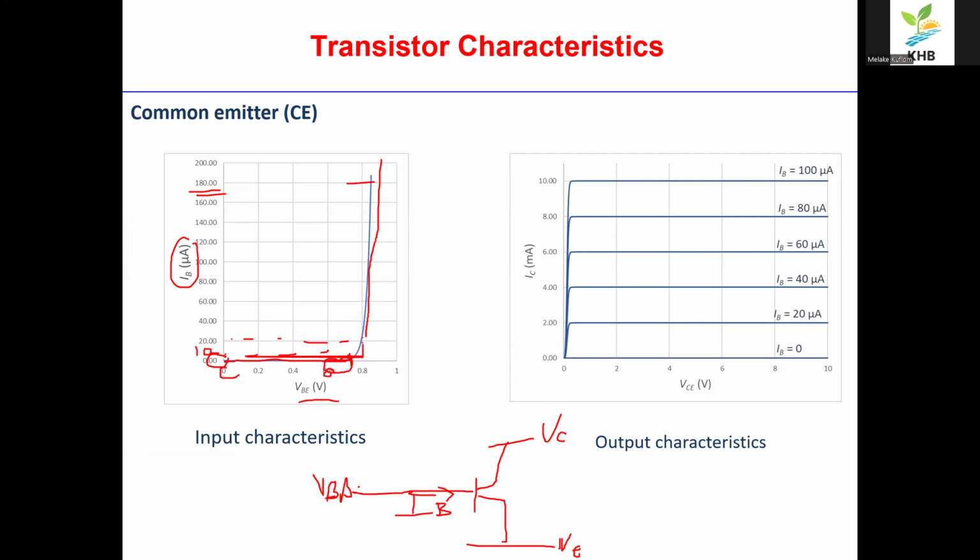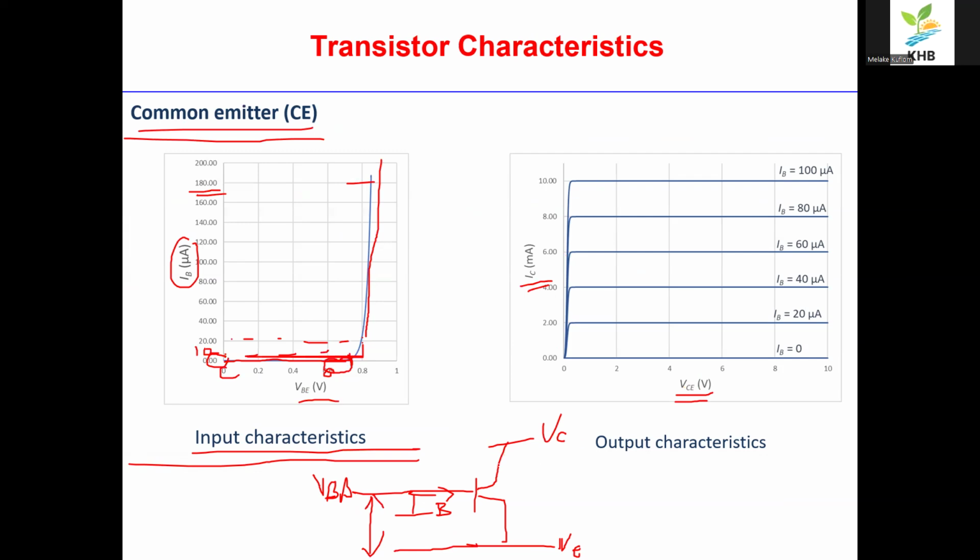So VBE means the voltage across this base-emitter. This is the common emitter input characteristics. The output characteristics is the plot of collector current versus collector-emitter voltage.